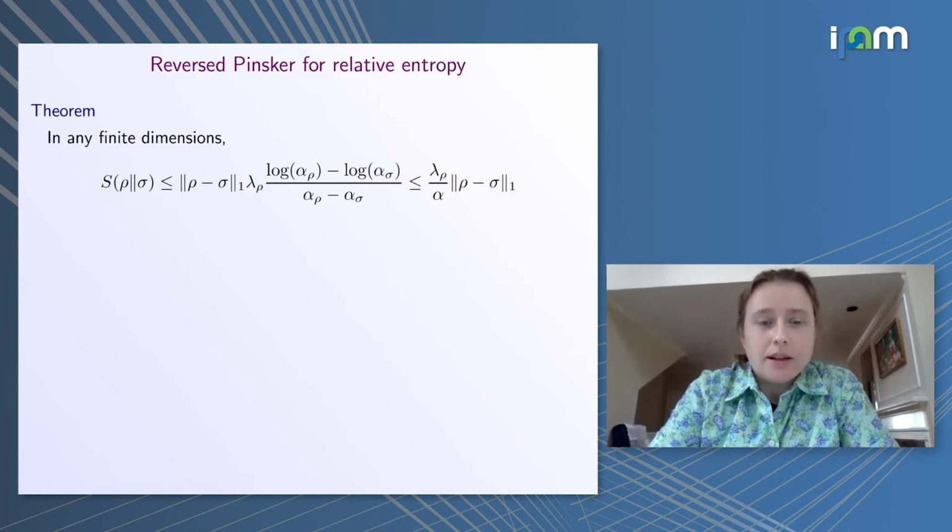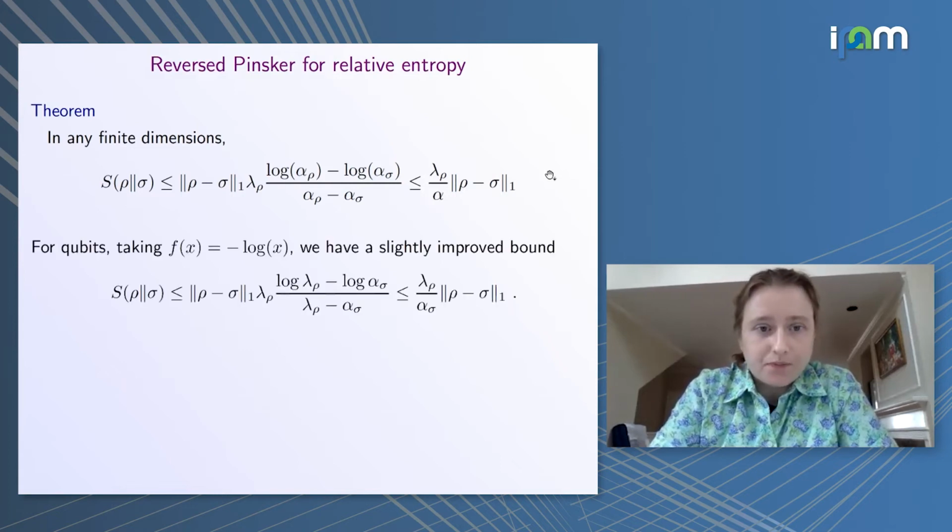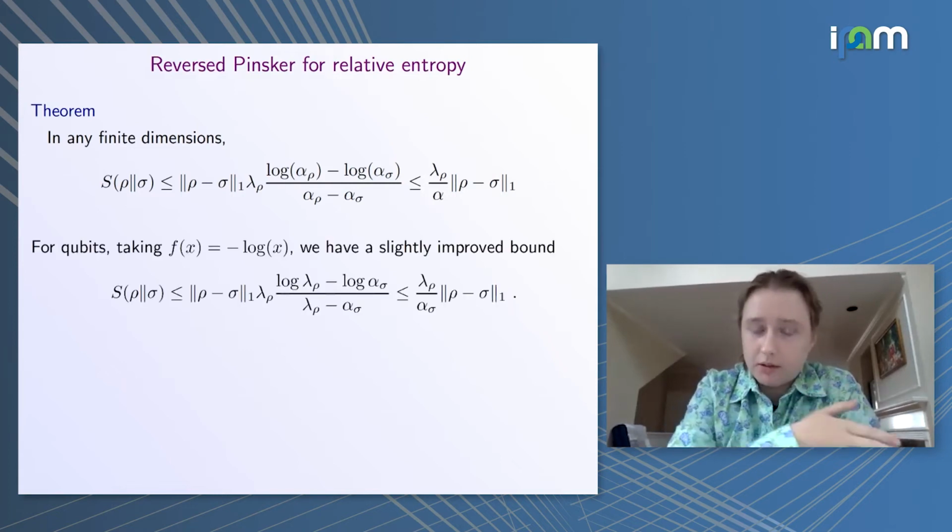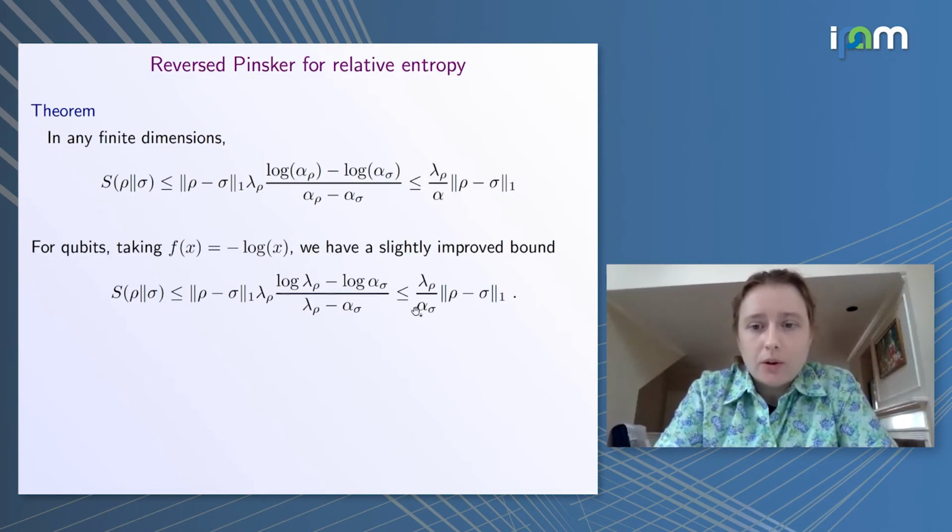Separately, if you just consider the relative entropy itself, then in any finite dimension, you can upper bound it straight away by the maximum eigenvalue of rho divided by the minimum one, times the trace distance. And for qubits, if you apply the previous theorem, that's going to give you a little bit sharper inequality because you have the minimum eigenvalue of sigma instead of both of them.